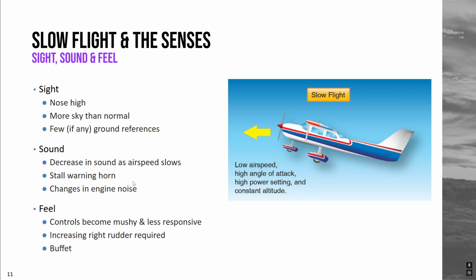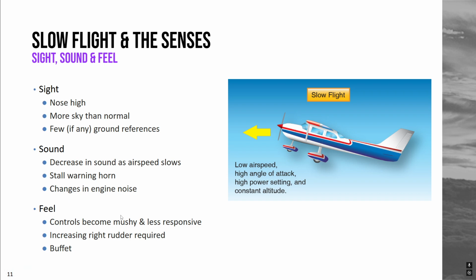And changes in engine noises: we're operating at a higher power setting, so we're going to hear the engine working a little bit harder than when we're at normal cruise flight. Oh, that's not necessarily true if I'm adding flaps and maybe I'm at about 1900 RPM compared to maybe 2300 RPM. So scratch what I just said there, but the change in power setting will be different than what it'll be in cruise flight.